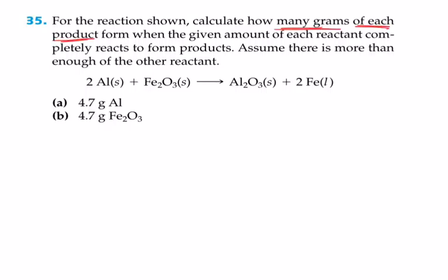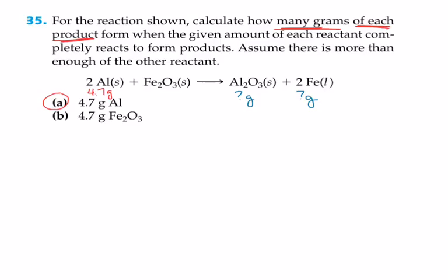Basically for each one of these, you have two questions. For instance, A, you have 4.7 grams of aluminum, and you're supposed to go after grams of aluminum oxide and grams of iron. Does that make sense?